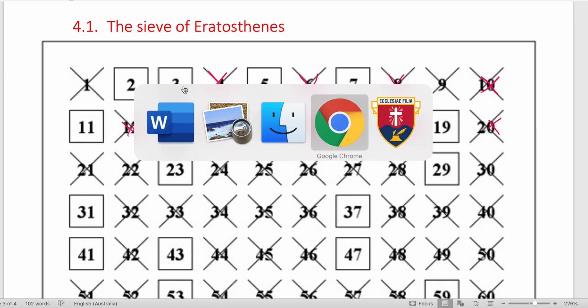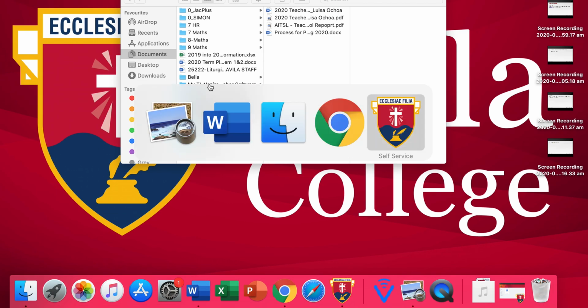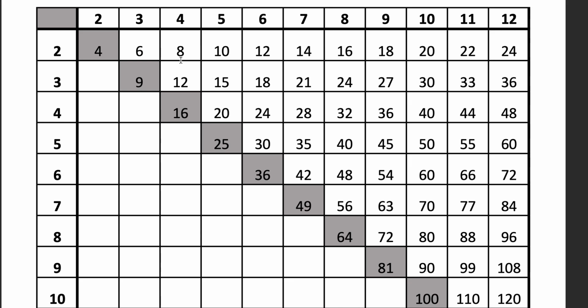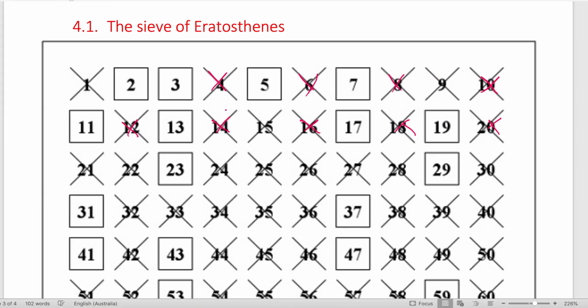So if I look at my multiplication grid, they take this 3 and they're going to cross out the 6, the 9, and then all of these: 9, 12, 15, 18, 21. So let's do that.